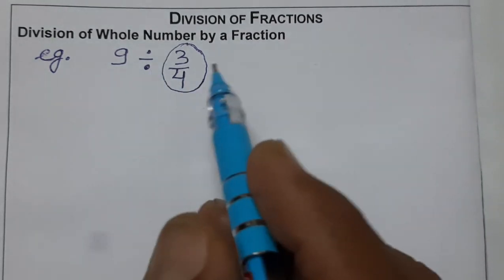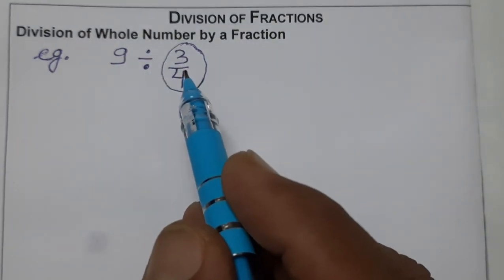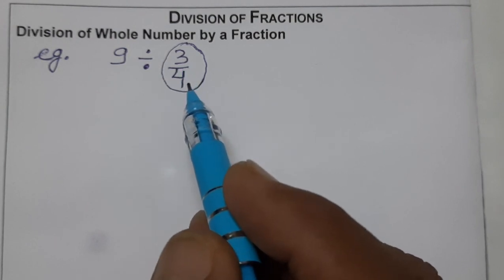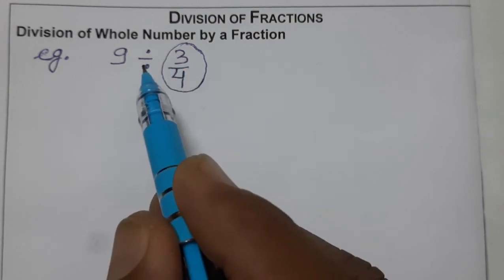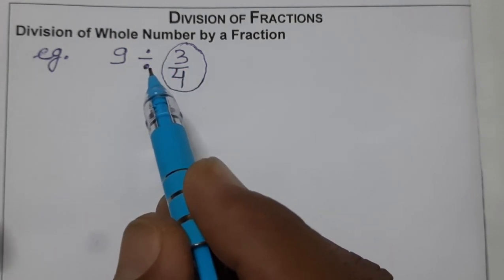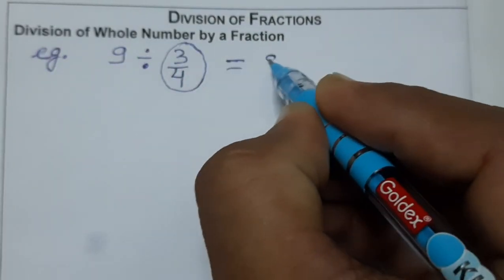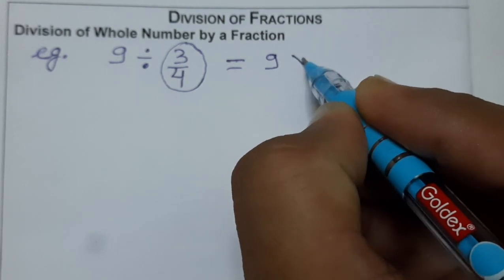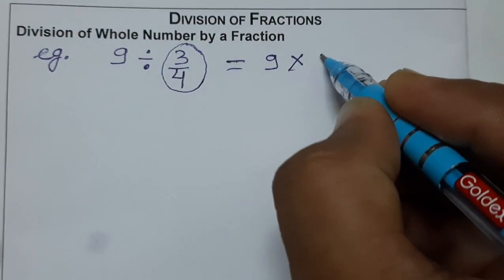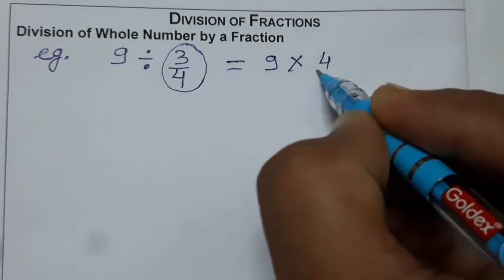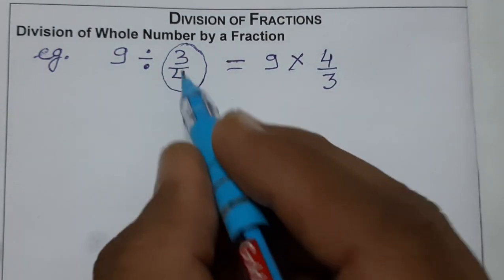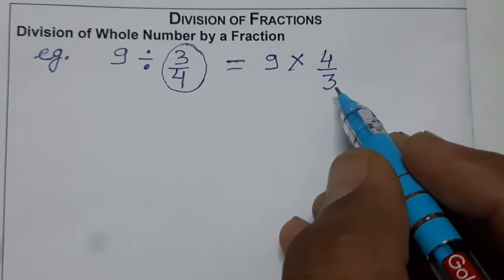So always what we'll do, we'll take the reciprocal of 3 by 4 and this division sign will convert to multiplication. So here we get 9, divide is changed to multiplication, and we have to take the reciprocal of the right hand side number. The right hand side number is 3 by 4, the reciprocal is 4 by 3.